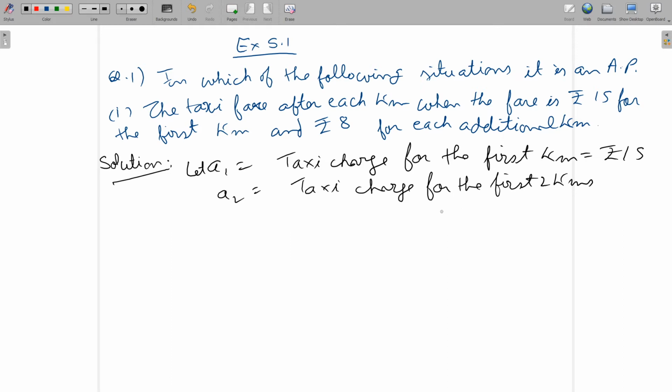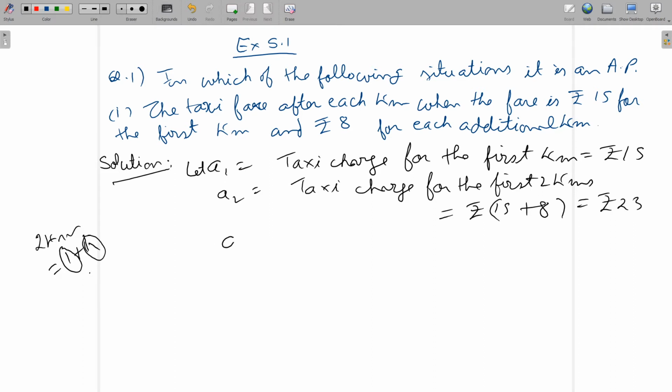That will be rupees 15 plus 8, because 2 kilometers can be written as 1 plus 1. For the first kilometer it is rupees 15, and for the next kilometer it is rupees 8. So this is how we get 15 plus 8, which is equal to rupees 23.